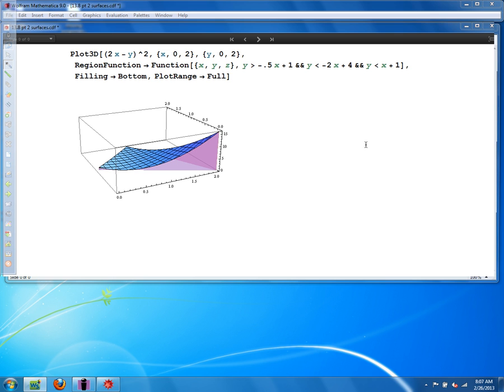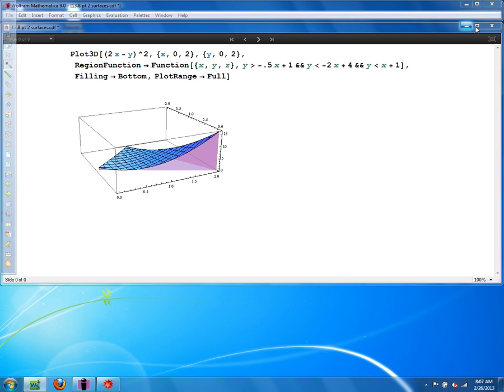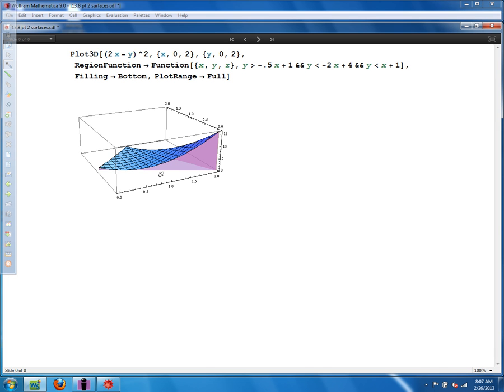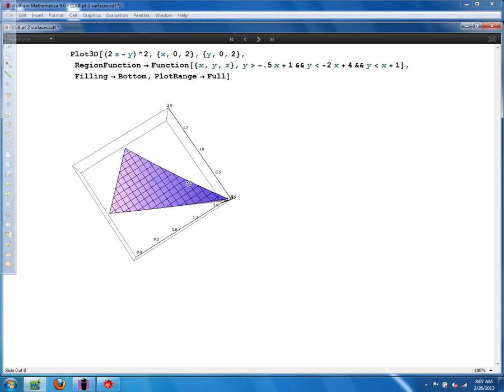All right, so there's our surface and our triangle. That's our region.